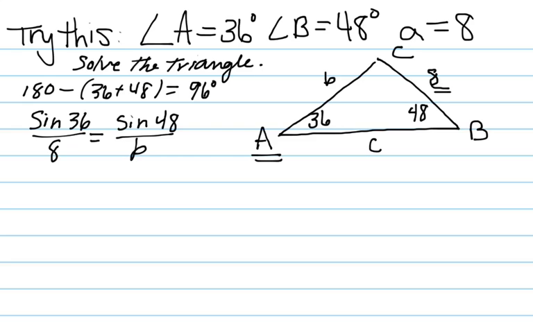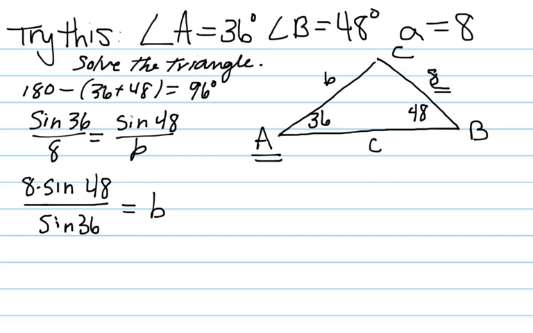So if we cross multiply, I'm not going to put all the work in there for you, but basically 8 times sine of 48 divided by sine of 36. If you don't understand how I got here, cross multiply and solve for b, and you'll find out exactly what I got.